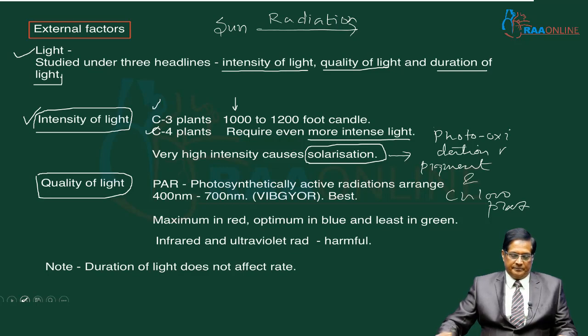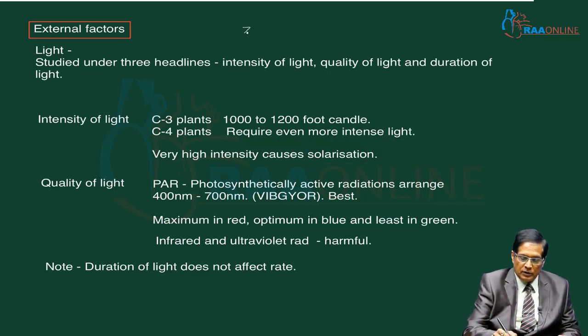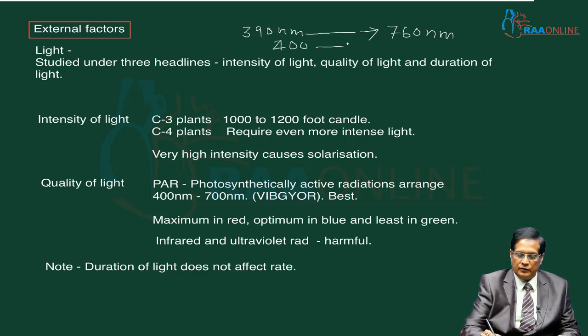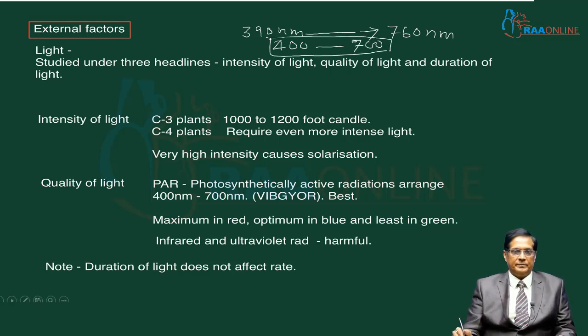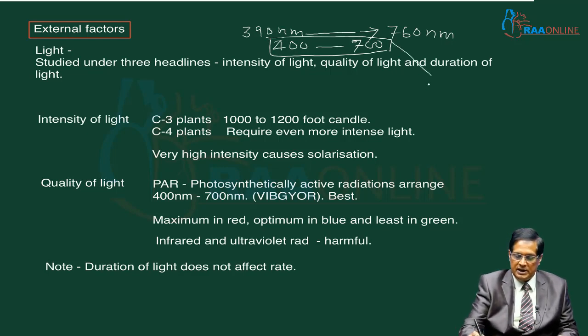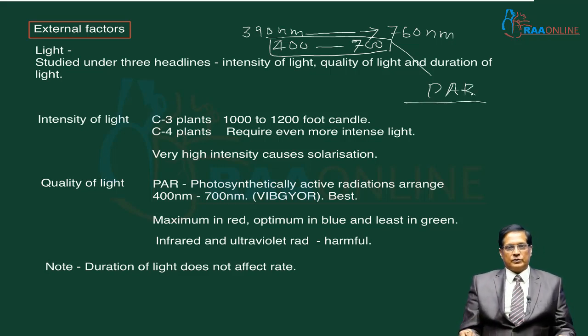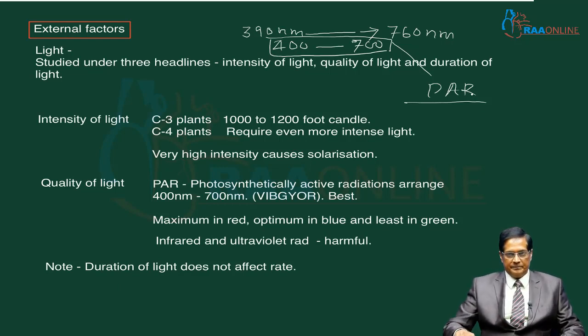Normal visible spectrum range is 390 nm to 760 nm, out of which plant performs photosynthesis in between 400 to 700 nm. This is PAR, photosynthetically active radiation. Plant performs photosynthesis in between 400 to 700.